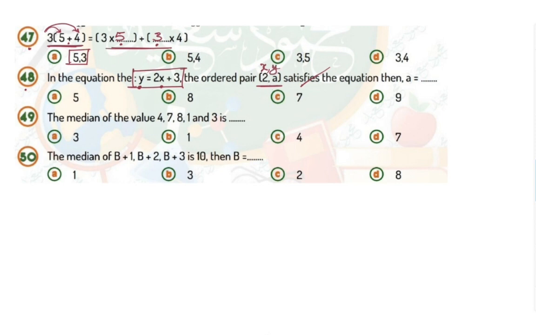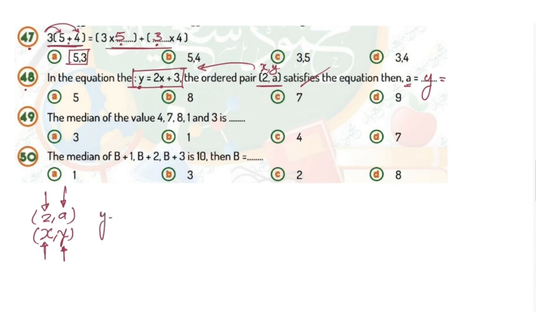So 2 and a represent x and y. Of course, the value of 2 is the value of x, and the value of a equals the value of y. So when he asks us about the value of a, it's the same as the value of y. So I need to find the value of y. That's easy. I will substitute x equals 2 in this equation.